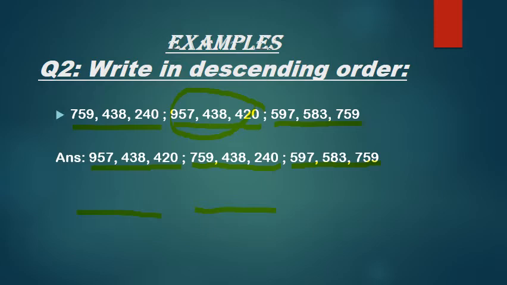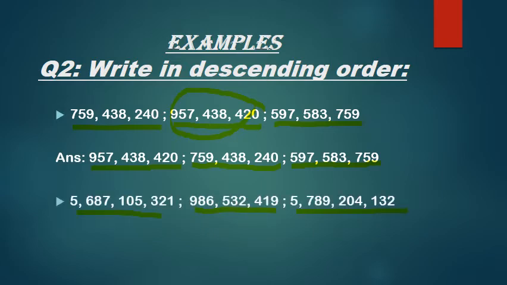In another example, the numbers we have to arrange are like we have a 5 billion number here and 986 million here, and then we have a 5 billion number again here. So in these two 5 billion numbers, which one is greater?